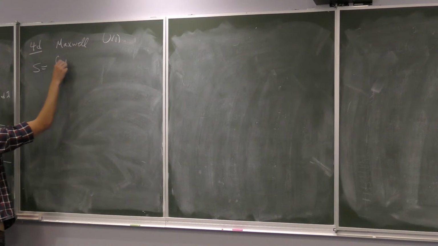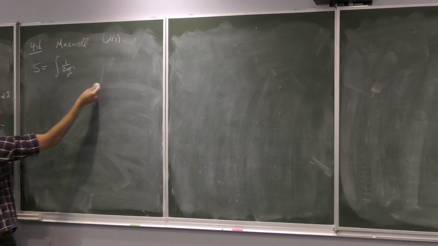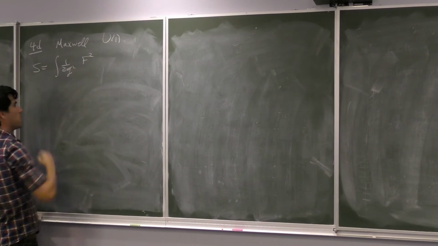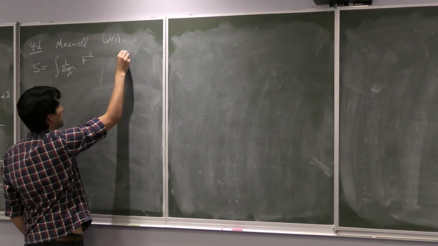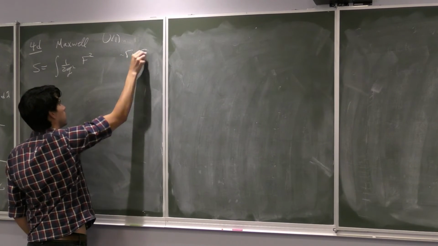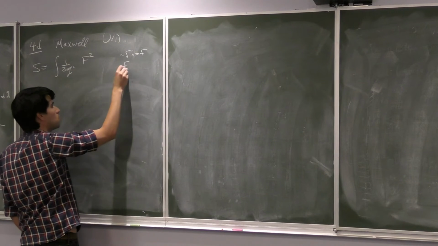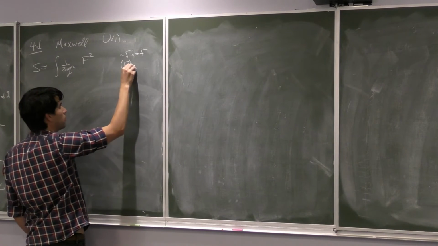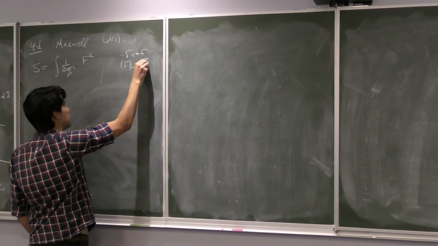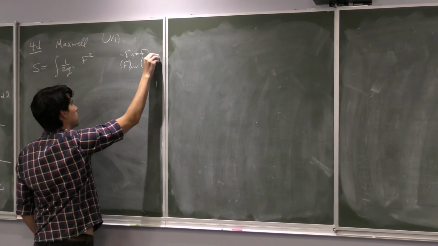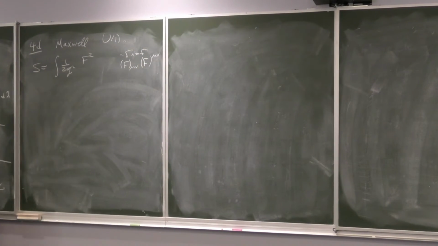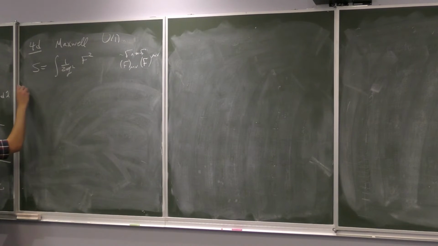So the action looks like 1 over 2g squared. And I'm just going to write it as F squared, which I mean F wedge star F, which again, this is a 2-form, and F wedge star F is F contracted with F. Okay, good. So there are 2 equations for this theory.